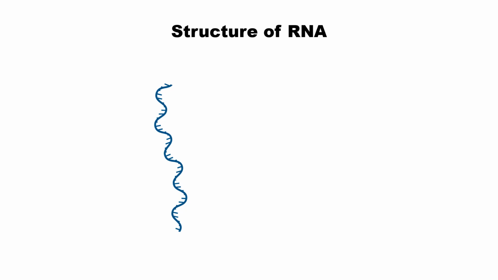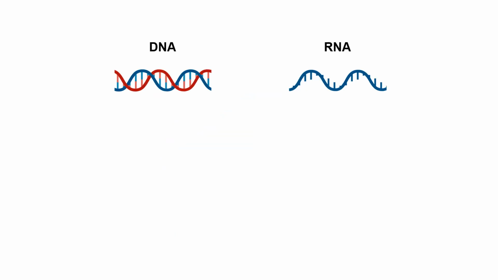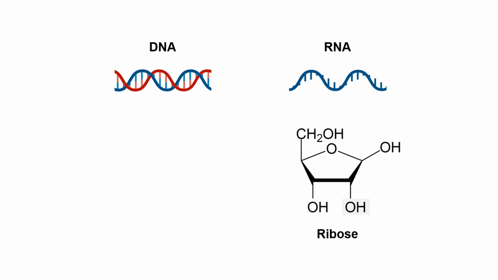Now here is the structure of RNA. RNA usually forms a single strand structure and does not necessarily form a double strand all the time. If you look at DNA and RNA in molecular structure, RNA's sugar is ribose. This is a typical 5-carbon sugar, C5H10O5.